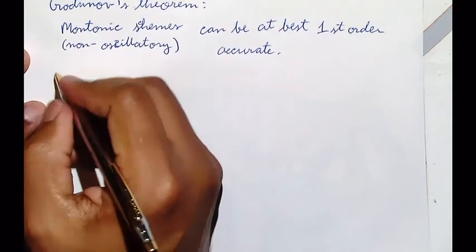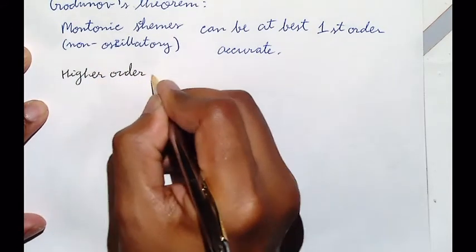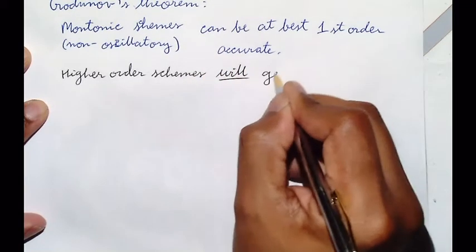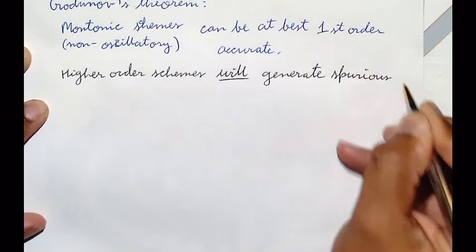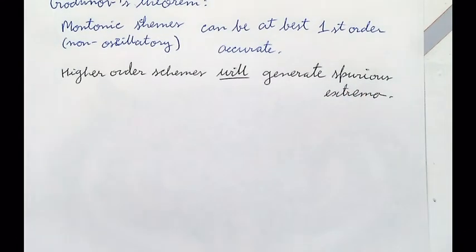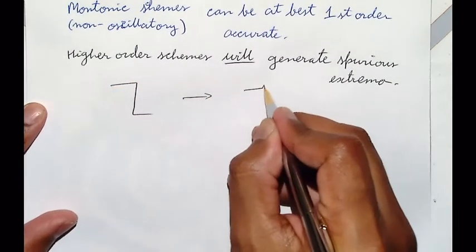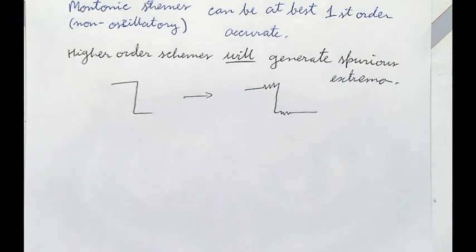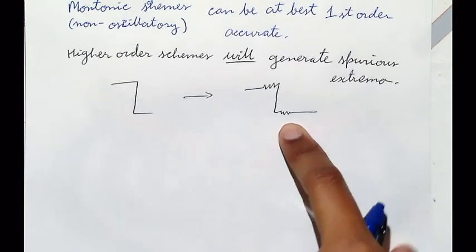Which means that high order schemes will generate spurious extrema. Right? And physically it can be terrible if this is density, for instance, or temperature. Temperature going negative. Negative in kelvins, meaningless.